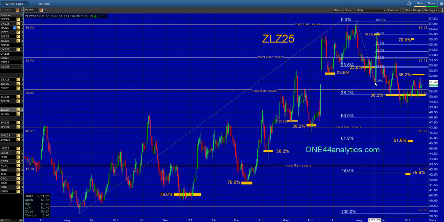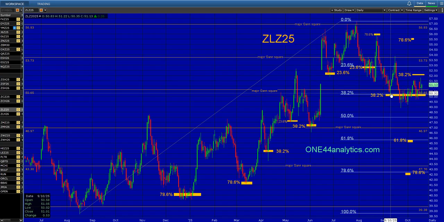That took it all the way down to 38% back to the contract low. We had a good pop here up to another major Gann square. Now it has sat here for a long time just going sideways, and this is what it needs to hold to keep the long-term trend positive. And if so, we'd be looking for new contract highs, but again, watching all the retracements.